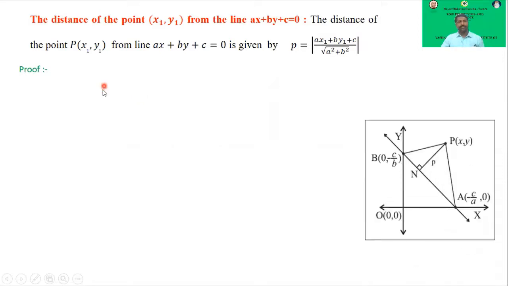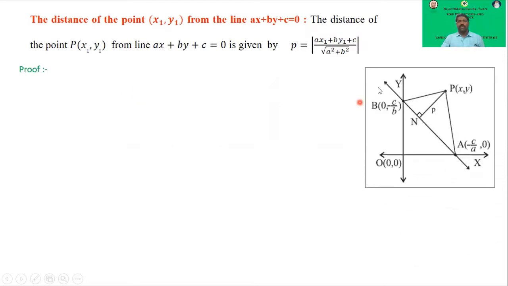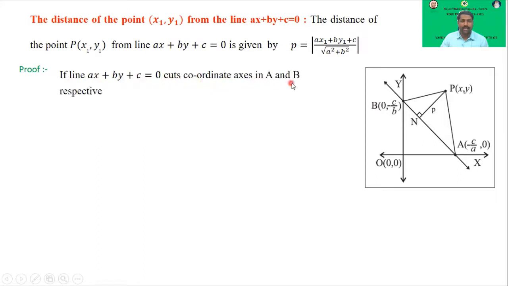So, proof. Consider the figure. This is the line which intersects the x and y axes at points A and B. If the line ax + by + c = 0 cuts the coordinate axes at A and B respectively, then A is (-c/a, 0) and B is (0, -c/b). How do we obtain these coordinates?